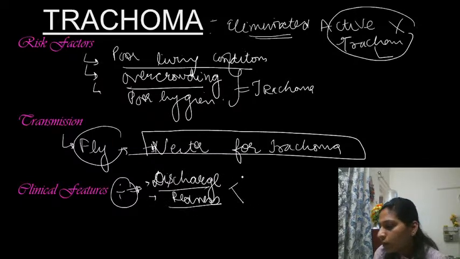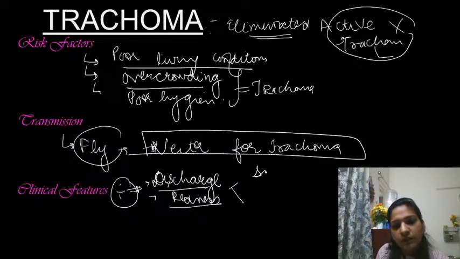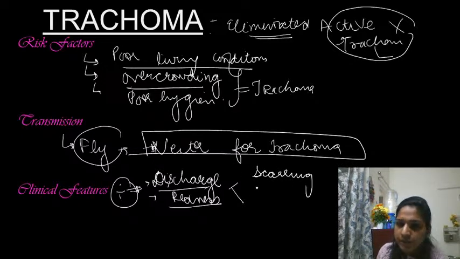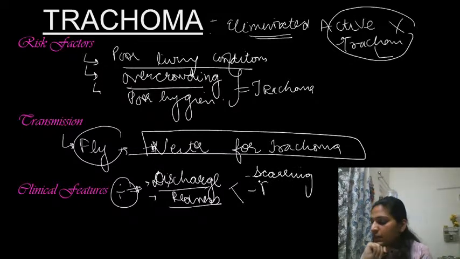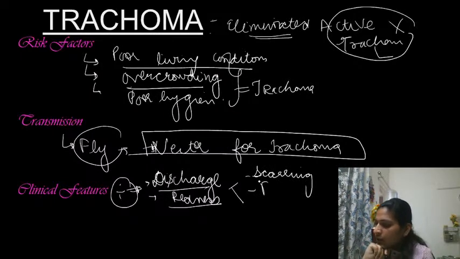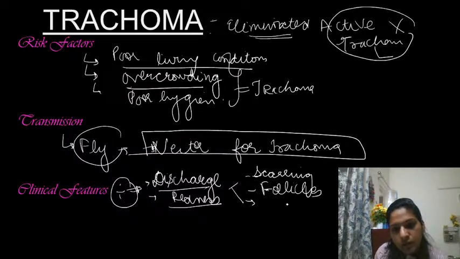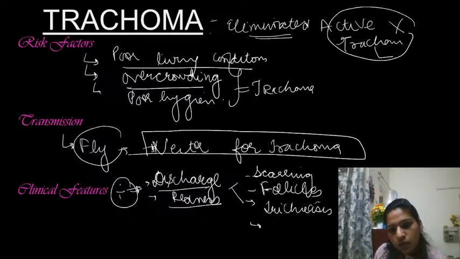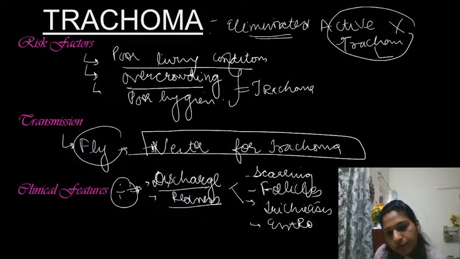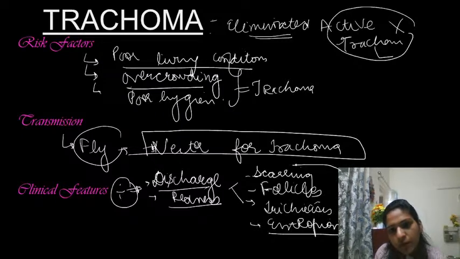On examination, we can find scarring over the cornea. Will trachoma have a follicular or a papillary type of conjunctivitis? Yes, follicles. Very good, Krish. The patient can also come with trichiasis and entropion of the lower lid.